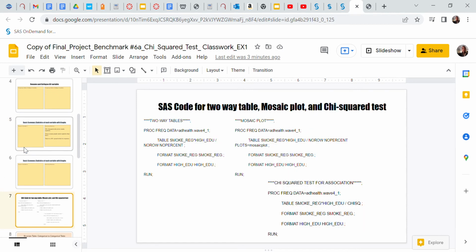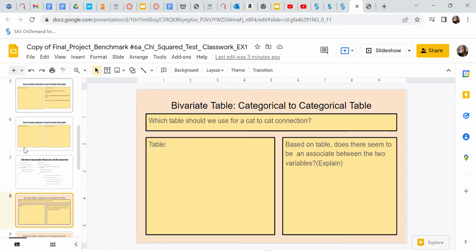Cool. And now we're going to go into the code for our bivariate graph. So what table should we use for a categorical to categorical connection? We're going to use a two-way table. I'm going to put the table there. Based on your table, does there seem to be an association between the two variables, which is smoking regularly and your highest level of education?